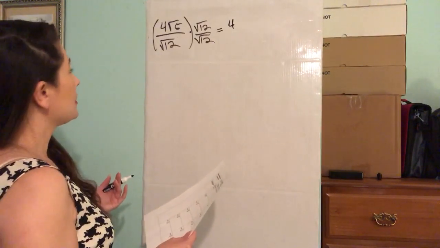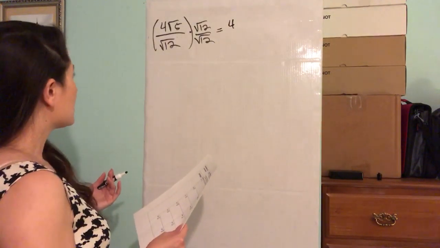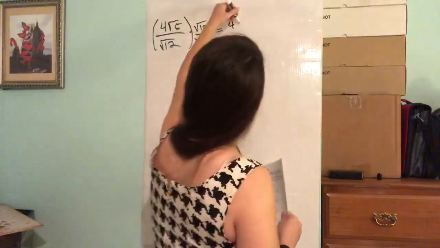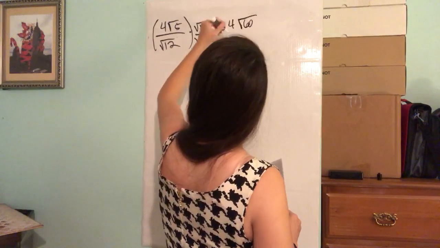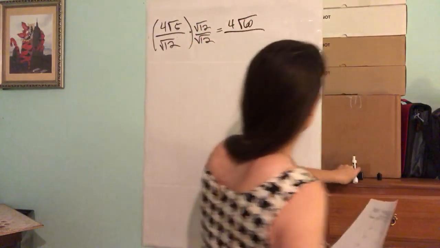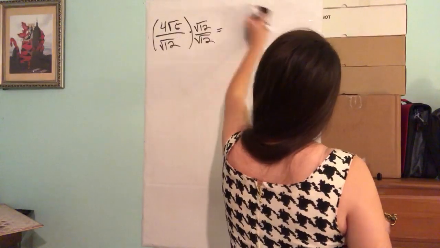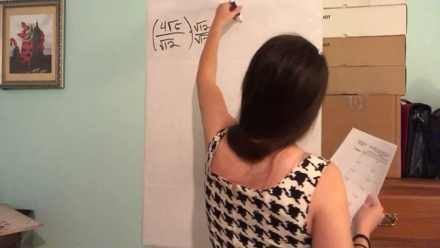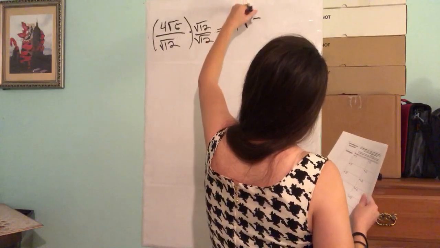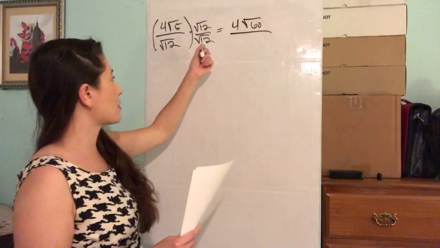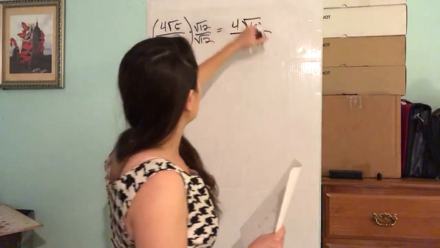That's going to be square root of 60, something like that. Over 12, square root of 12 times square root of 12 is 12.